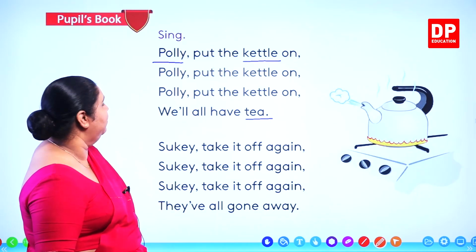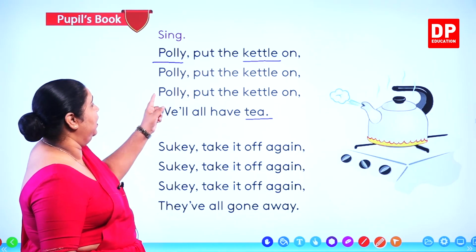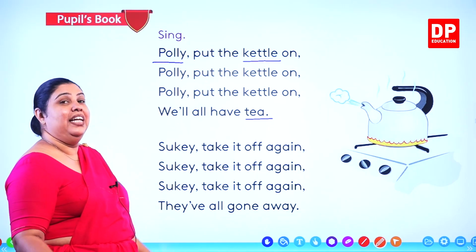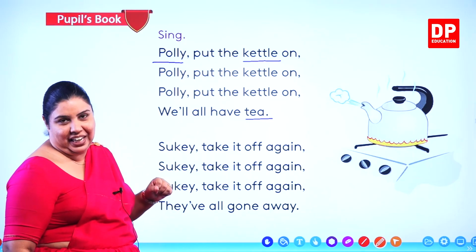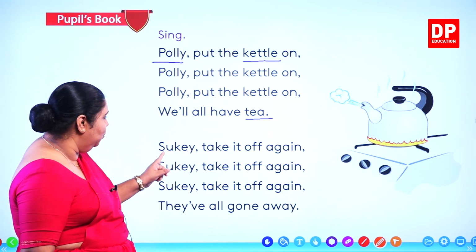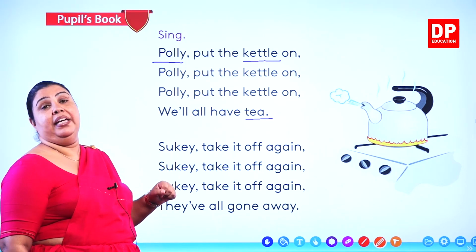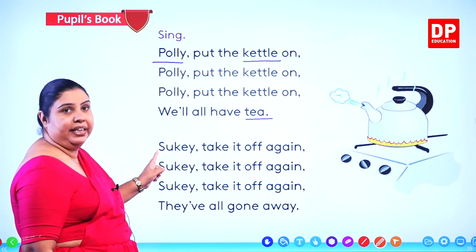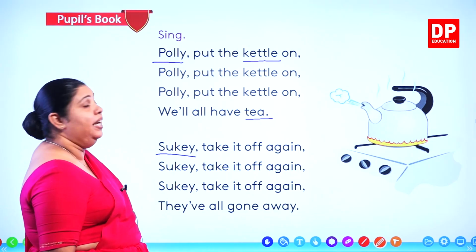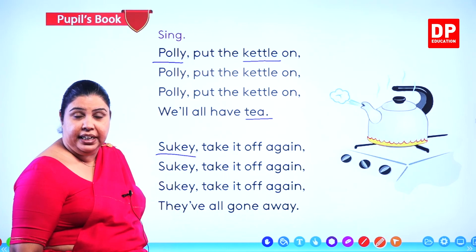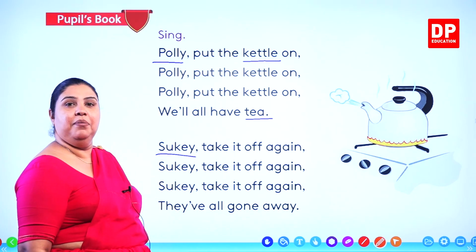What is the name of that girl? Now first we wrote the name of Polly. Then we are asking Suki. Take it off again. Suki. S-U-K-E-Y. Can you see? Now even here when we write the word Suki, we have to start with a capital letter because Suki is a name.